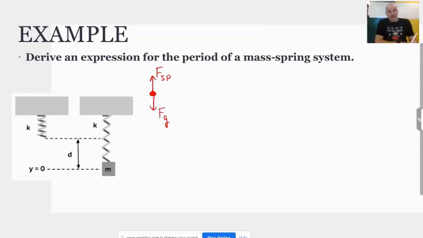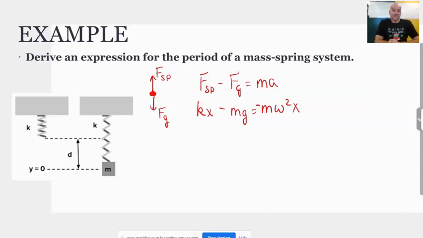And so what we do now is say, okay, spring force minus weight equals ma. Well, spring force is kx, weight is mg, right? And then for a, we're going to plug in omega squared x.